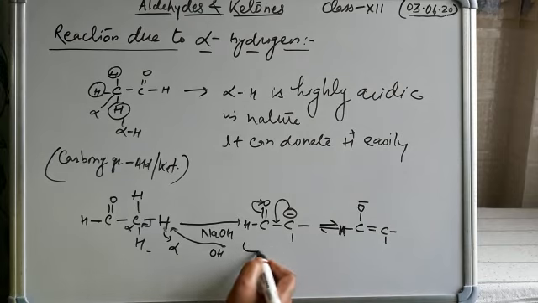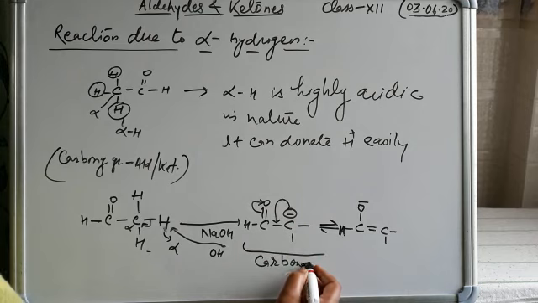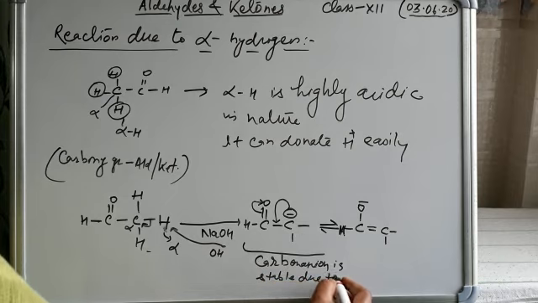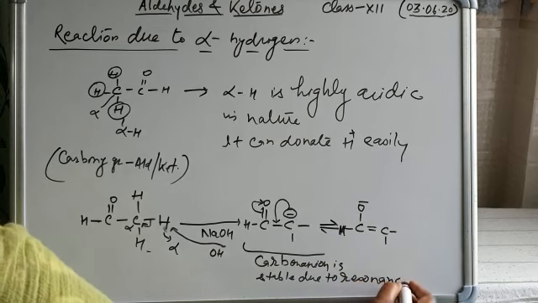This is known as a carbanion because the negative charge is present on the carbon. The carbanion is stable due to resonance.